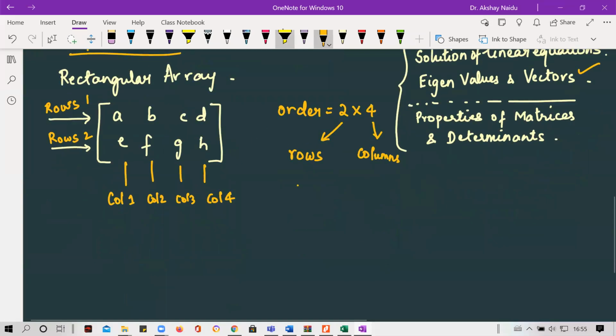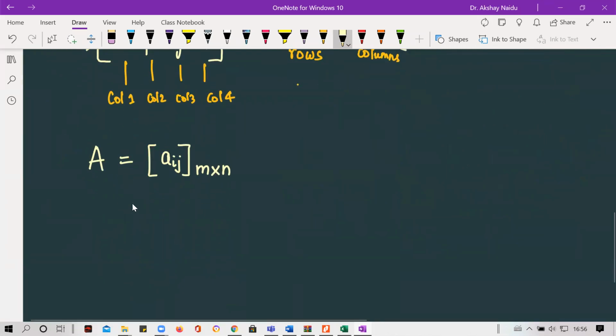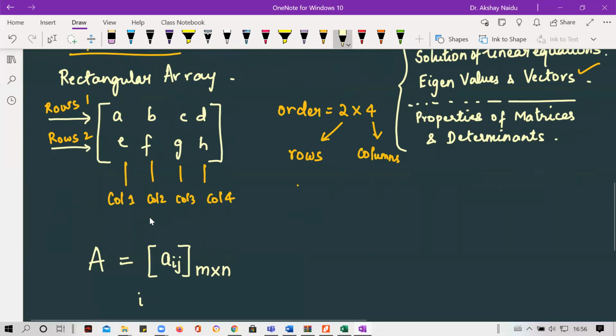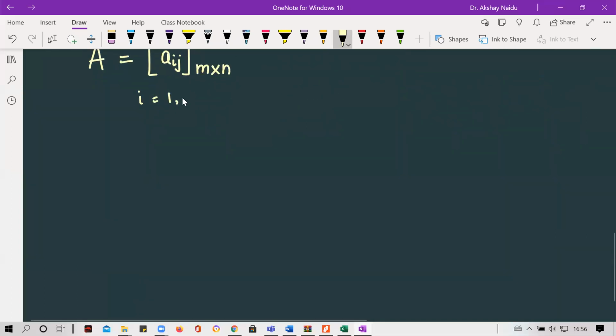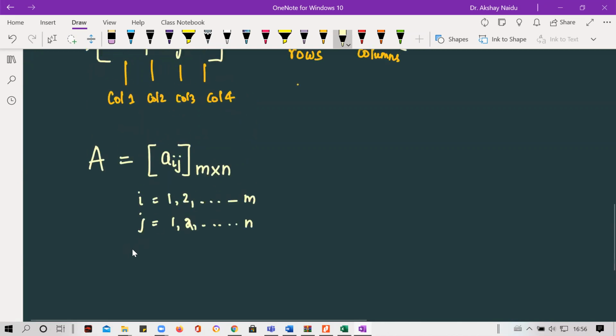So the general notation of a matrix is we write Aij, m cross n. All right. m is the number of rows, so i stands for the number of rows. i will vary from 1, 2 up to m, and j will vary from 1 to n.